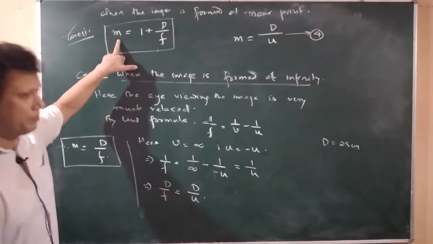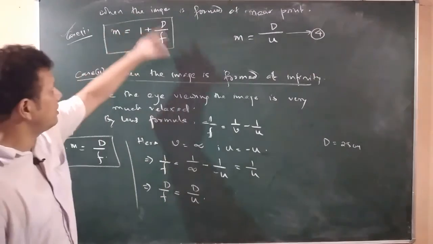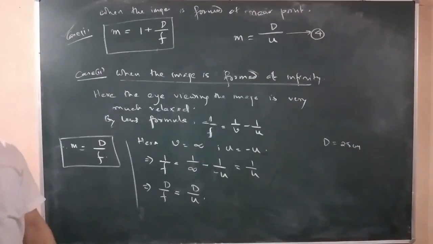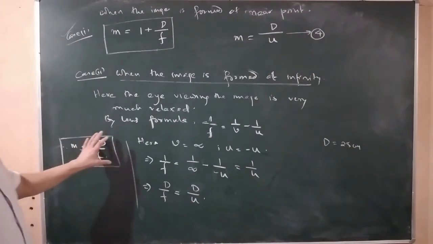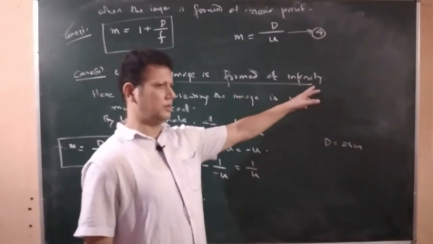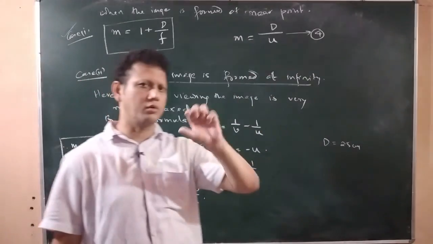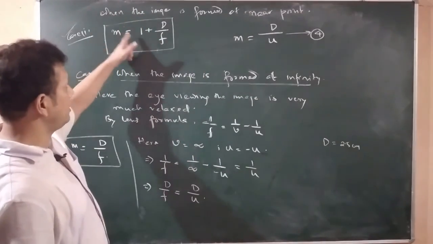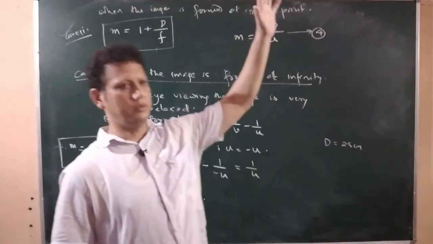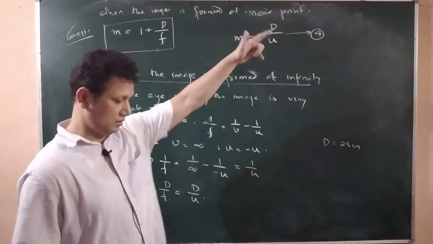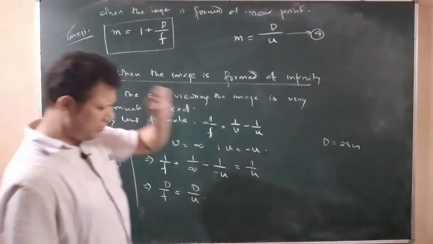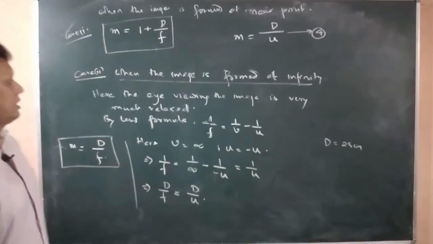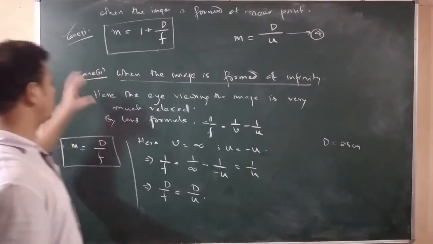This is the formula of magnifying power of a simple microscope when the image is formed at near point or least distance of distinct vision. These are the two separate equations that you have to remember. This equation is applicable when the image is formed at infinity, where our eye feels no strain to see the image. The other equation is applicable when our eye sees the image at the near point, where the eye feels a little strain.